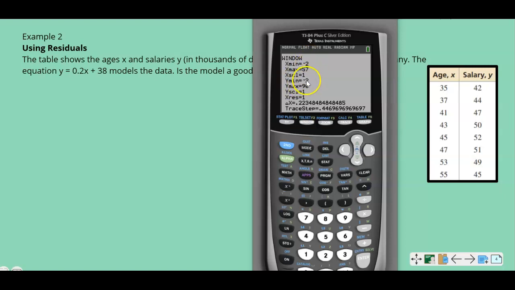So you have to have at least a negative. So I just put -2 because we don't really need any negative numbers. But for maximum, it needs to be larger than the largest number here. So larger than 52. So let's put 55. And this scale of 1 just means it's going by ones. Everything else is okay. So hit enter.